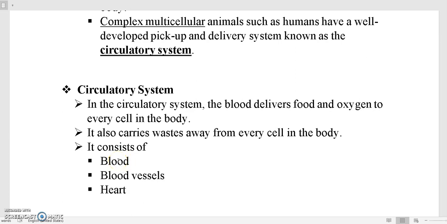And where is this blood? This blood is in the blood vessels, and another part of the circulatory system is the heart, without which our circulatory system cannot work. So our circulatory system consists of blood, blood vessels, and heart. So now let's talk about each of them in detail.